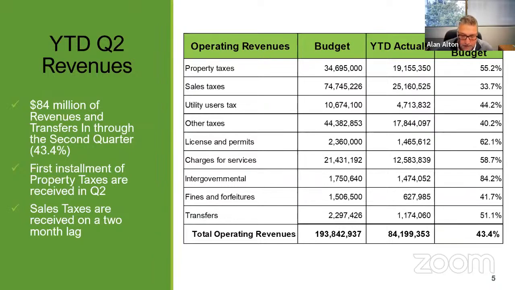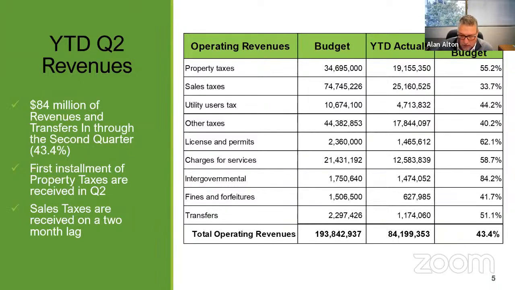Charges for services, a great deal of those are in our recreation department. That's where those revenues are. It also has some plan review fees and others that go into it. We are trending pretty much where we want to be there.